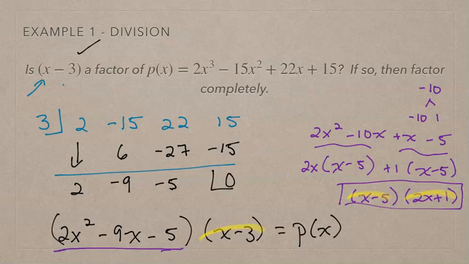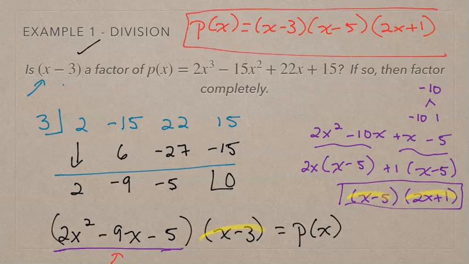And p of x in factored form is x minus 3, which was that first factor, and then the purple version of this factor, x minus 5 and 2x plus 1. Now I have p of x in factored form, and once I have it in factored form, I can find its zeros and I can graph it like we did in the previous module.